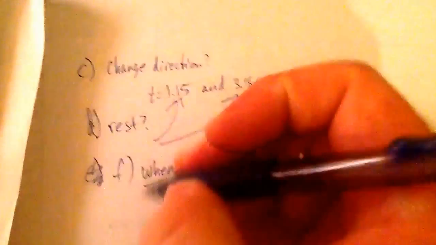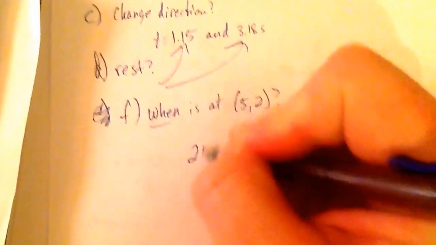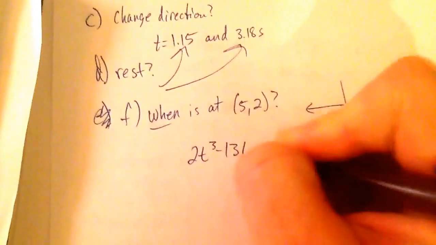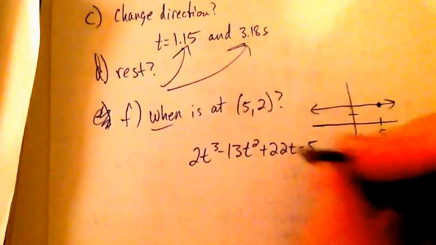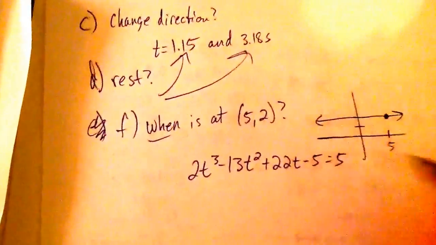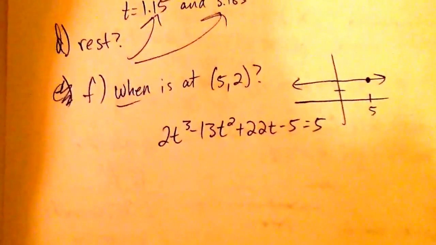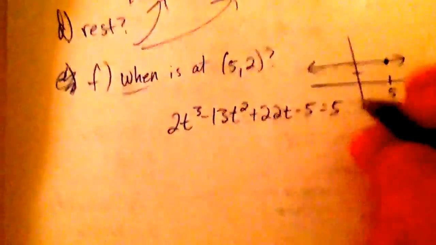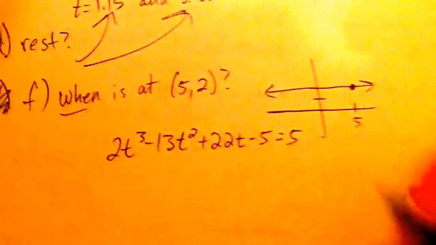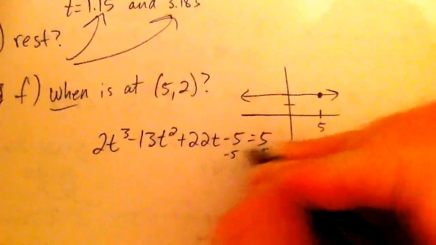So, let's see. Instead of flipping back and forth, 2t to the third minus 13t squared plus 22t minus 5. When is that going to equal 5? You might not know how to solve that. The best way to do it, just use your calculator. Subtract 5 from both sides.